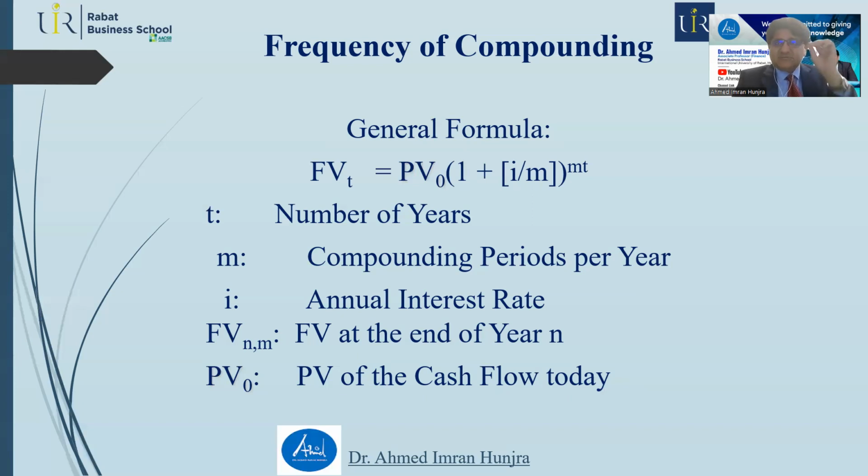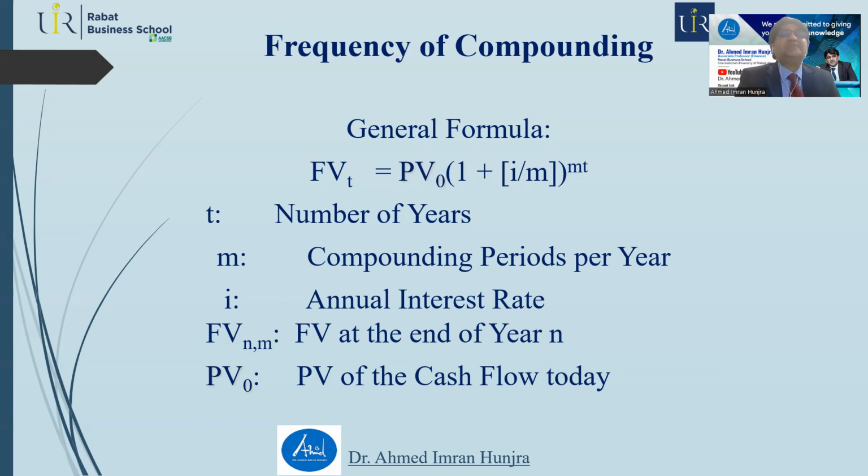The simple rule is that if the frequency of compounding is less than annual, this frequency is denoted by small m. What we need to do is divide the interest rate by the frequency of compounding, and multiply the number of time periods by the frequency of compounding.